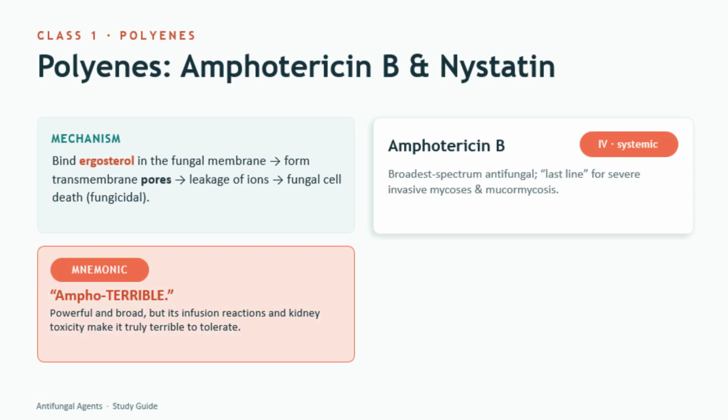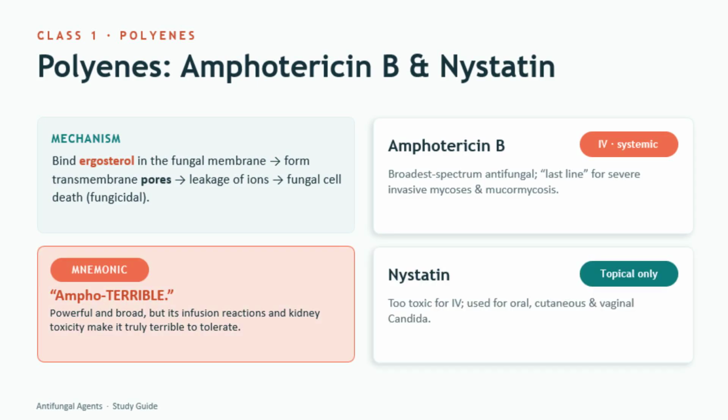Let's start with the polyenes, and the big one is amphotericin B. Its mechanism is beautifully direct. It binds ergosterol in the fungal membrane and forms transmembrane pores. Ions leak out and the cell dies, so it's fungicidal. This is our broadest spectrum antifungal, the last line for severe invasive mycosis and for mucormycosis.